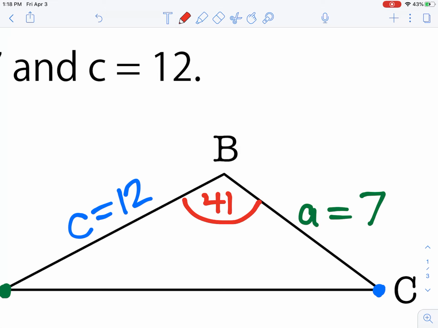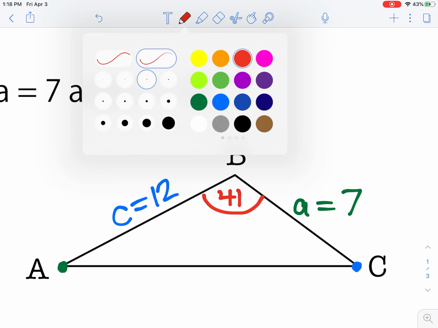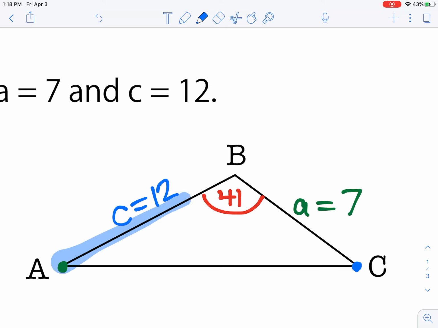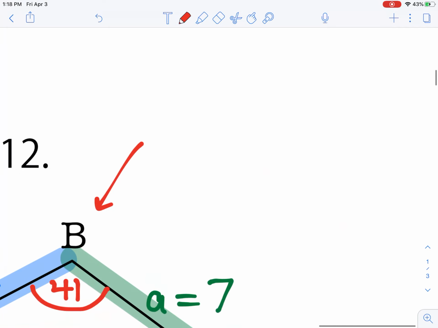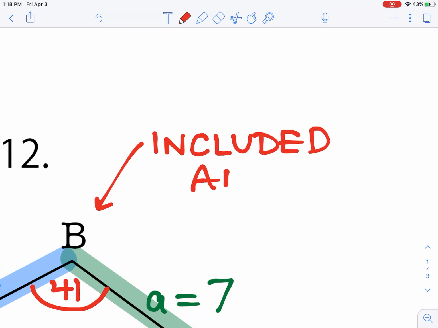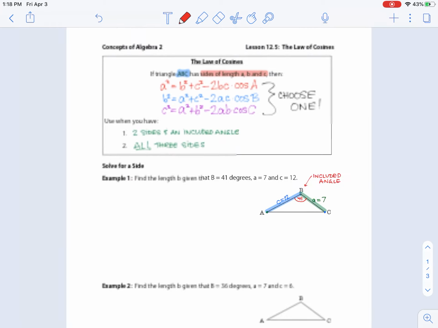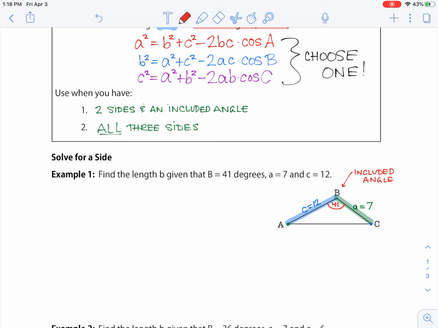So let's get back to that wording, included angle. Let me highlight the sides we know. We know side c, or AB here, which equals 12. We also know the side between B and C, which is a equals 7. Since they meet at vertex B, we would call this angle the included angle because it is between the two sides that we know.